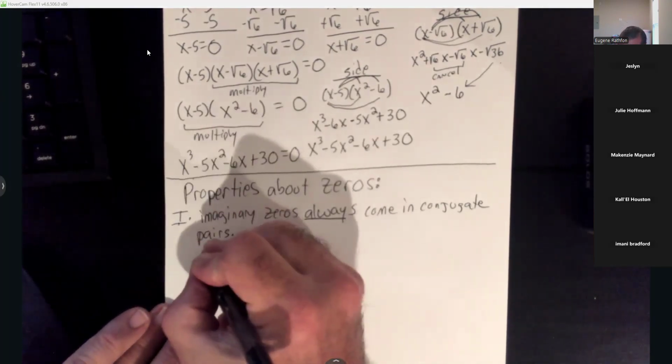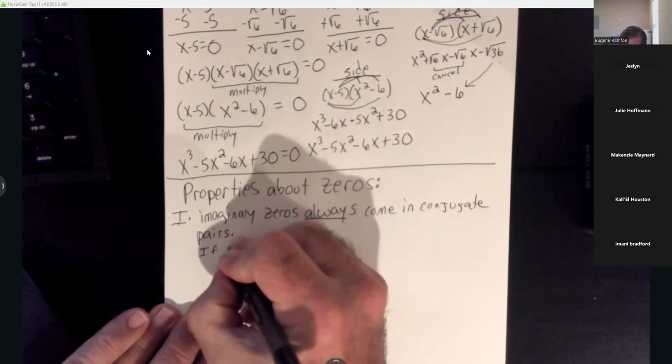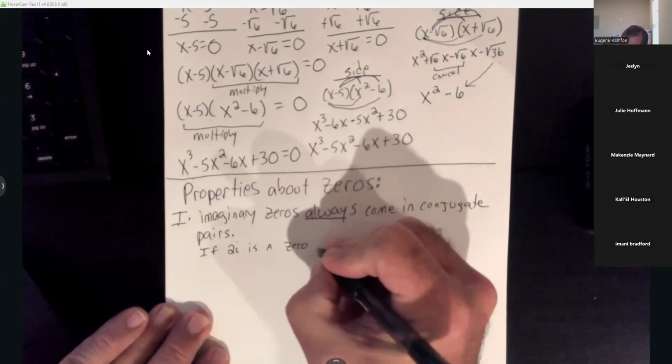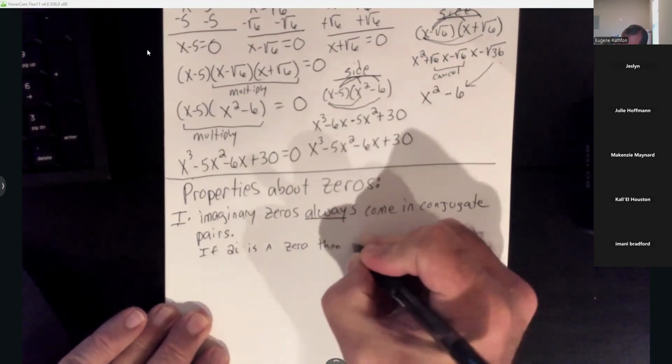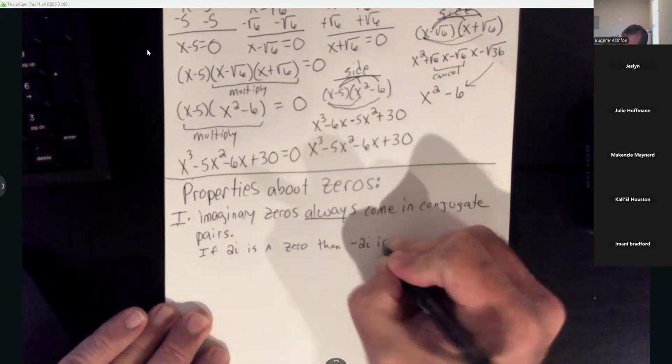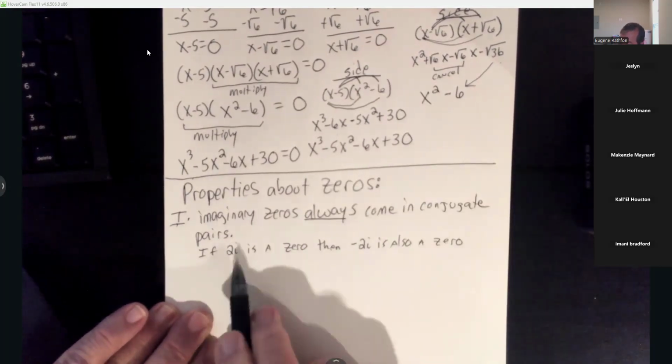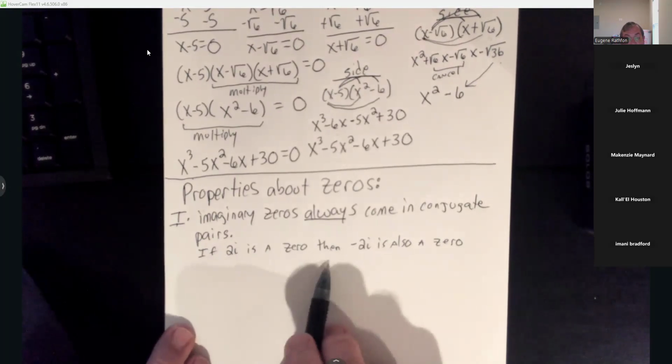So what that means is this. If 2i is a 0, then negative 2i is also a 0. So 2i and negative 2i are conjugates of each other.